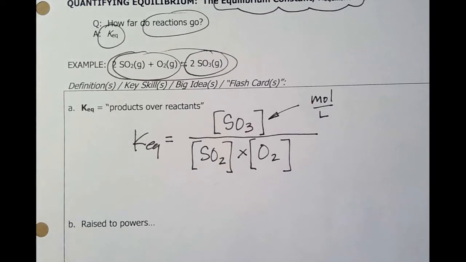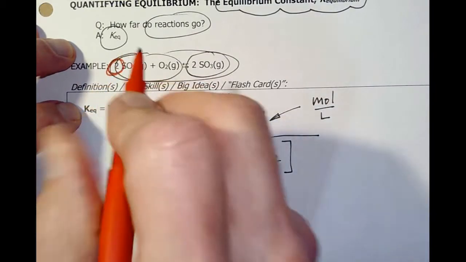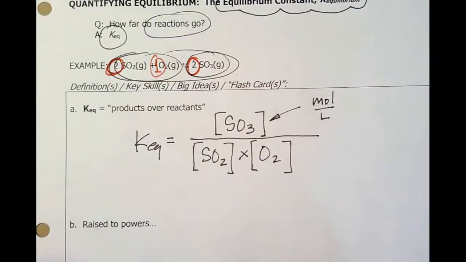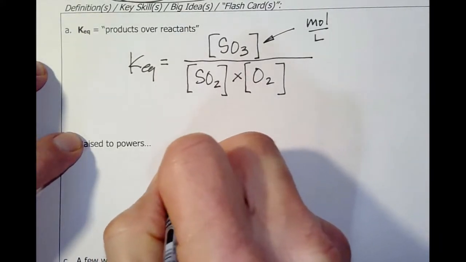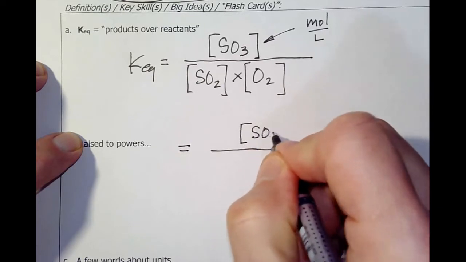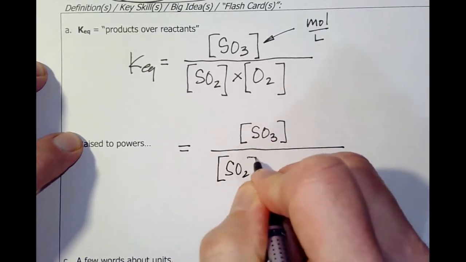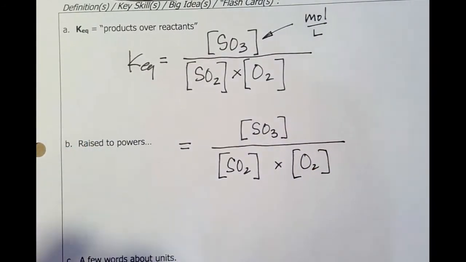Now there's one slight twist to this, and I want you, just before we go on, to notice that's 2 to 1 to 2. For mathematical reasons that go way beyond this class, my equilibrium actually equals this: SO3 concentration over SO2 concentration times O2 concentration.